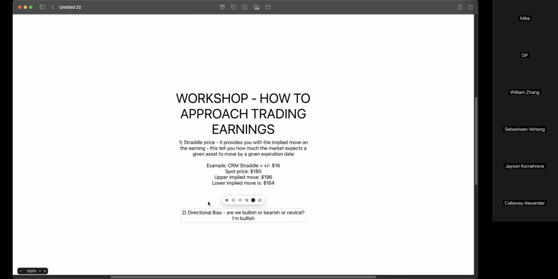And given this bias, again, you could be bearish. It doesn't really matter. The whole idea here is to use it as an example. I'm not saying to do what we talk about. I'm just using it as a framework to think about earnings going forward and how to position yourself into a binary event. Now, if you're already positioned in Salesforce, there are many ways you can obviously trade this.